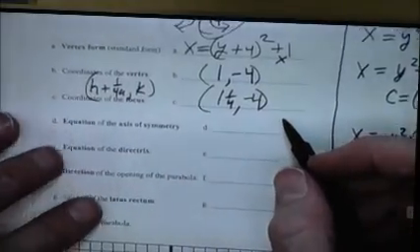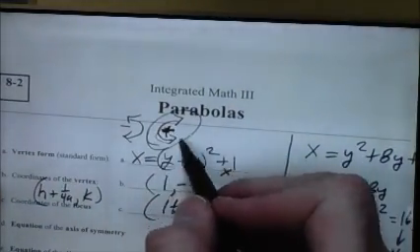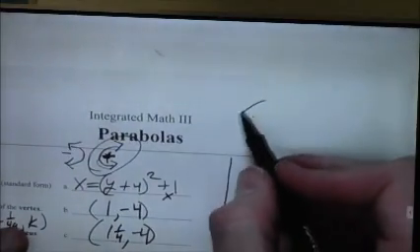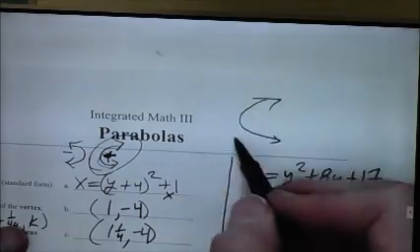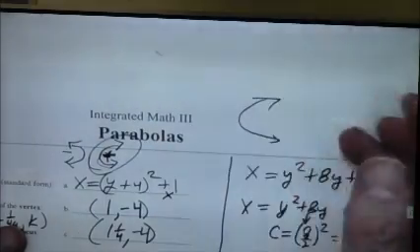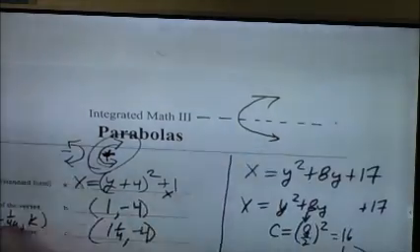The axis of symmetry. Well, I always said it was the x value, but if our parabola is looking like this, let me draw it like this. If this is what the parabola looks like, then a line that's going like this is not going to cut it exactly in half. Instead, it's going to be the line going this way. It's horizontal, that means it's the y value.